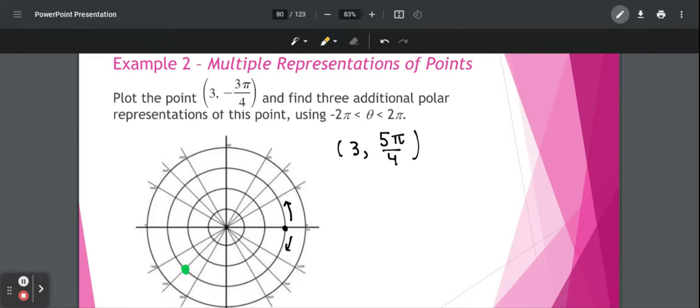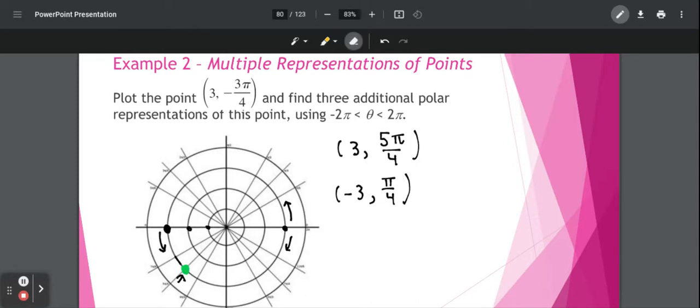Or we could count out negative 3. So if R is negative 3, again, this is still positive. So to get from this point at negative 3 to this point right here, we could go positive pi over 4.